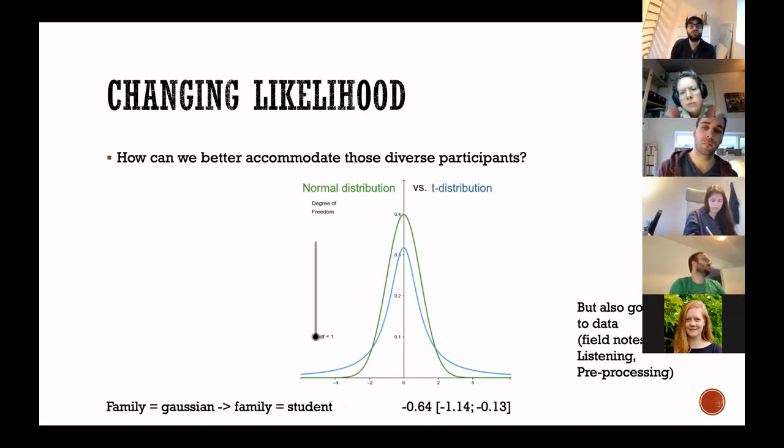There's an alternative distribution which is more friendly to so-called outliers, which is the t distribution. What the t distribution does is it has longer tails, so it can fit decently distributions with very diverse participants without having them overly affecting the mean and the standard deviation.